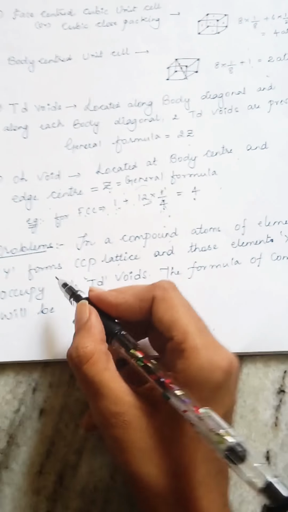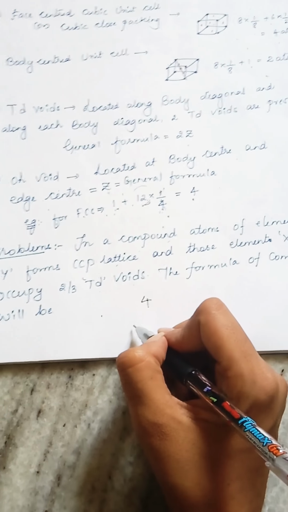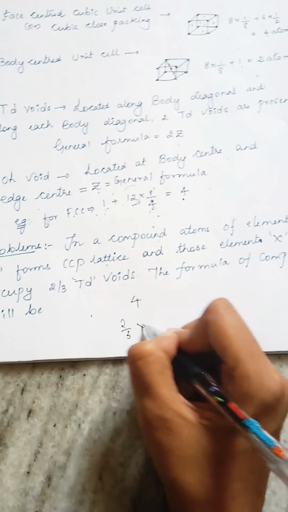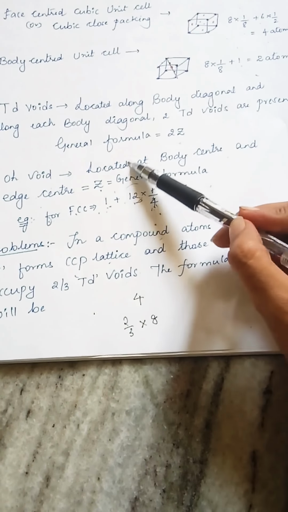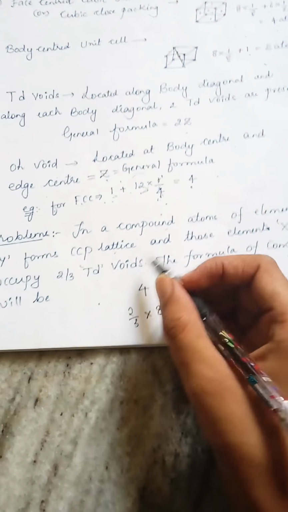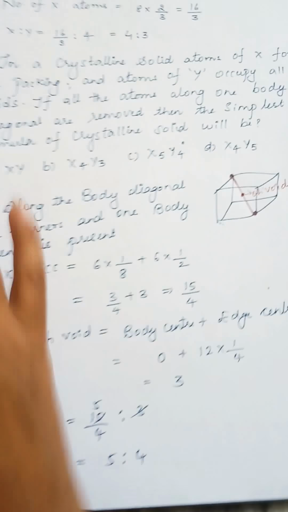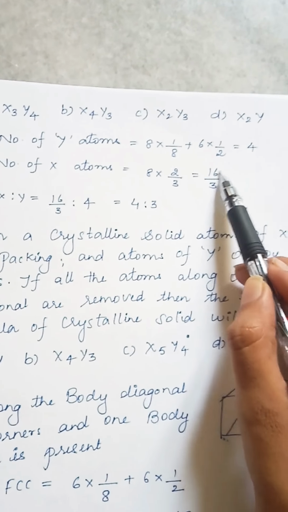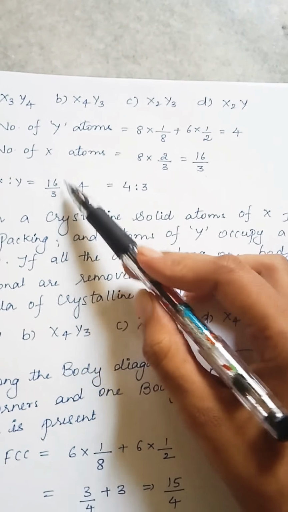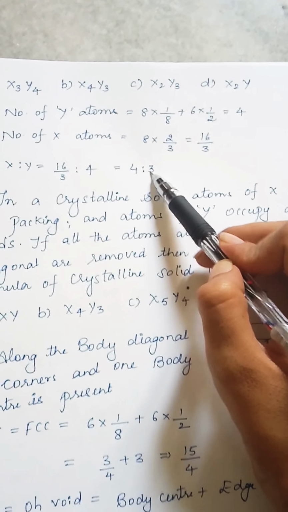And element X occupies 2/3 of the tetrahedral voids. In CCP, we know that there are 8 tetrahedral voids, as I explained here: 2Z, 2 into 4, 8. So that's what I have written here: 8 into 2 into 1 by 3 is 16 by 3. So X is to Y is equal to 4 is to 3.